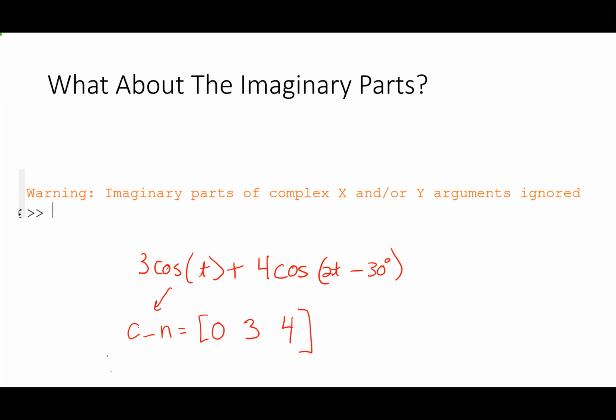And then my theta n would be: there's no theta for my DC term, there's no theta for the fundamental, and there's a negative 30 for that. Then I can start relating that to the other forms of the series using those equations that I've got there.